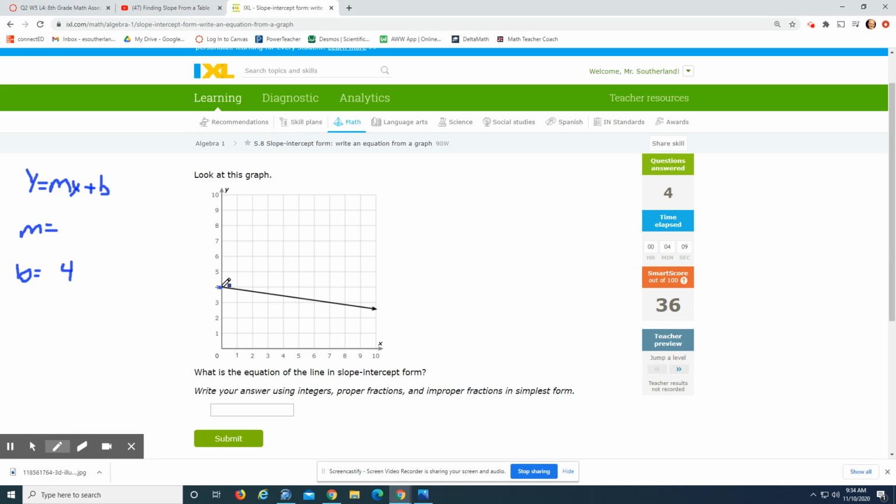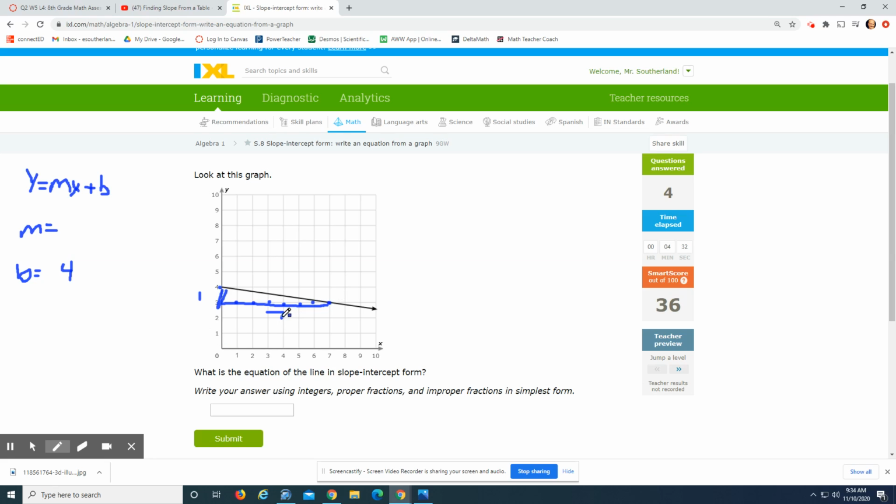So it crosses there at 4, and then it crosses a corner again right there, we can see that it rises 1, and then 1, 2, 3, 4, 5, 6, 7. Be careful there. That's still a whole line there.